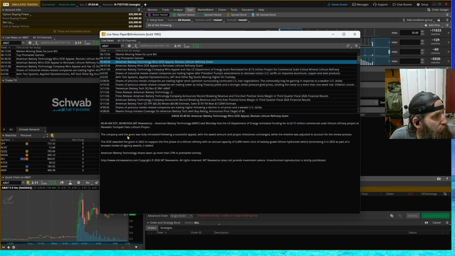Apparently, the company was just reinstated a grant to build a commercial scale lithium refinery project. Cool. I'm pretty sure in the United States that is something we need, rare earth refinery. So pretty awesome to see.